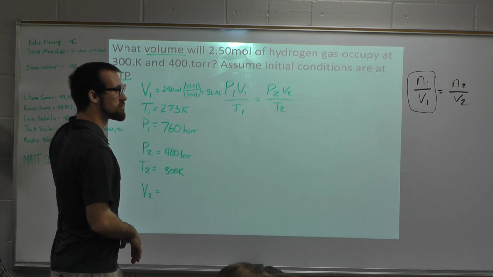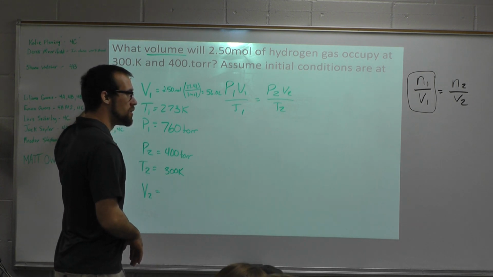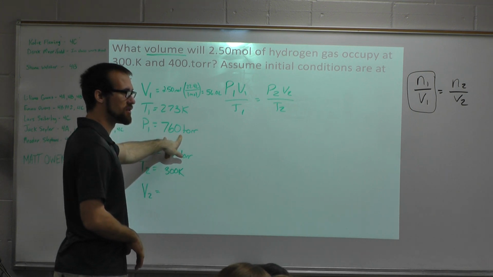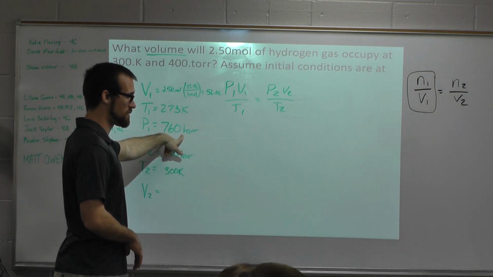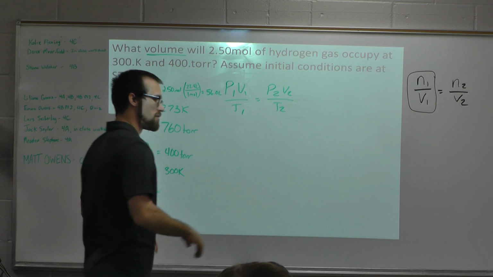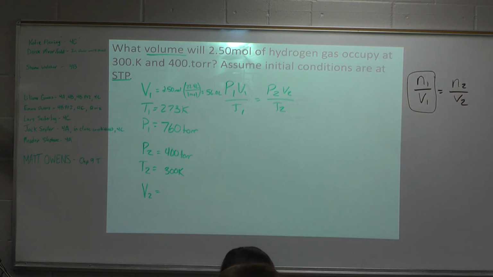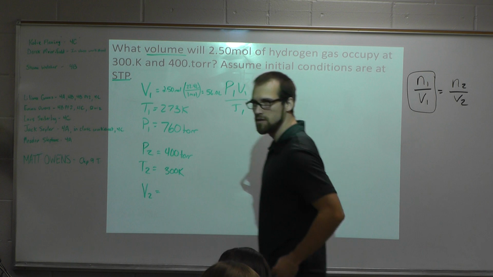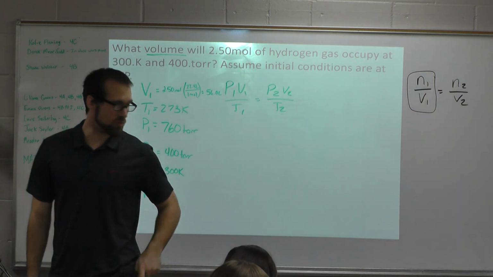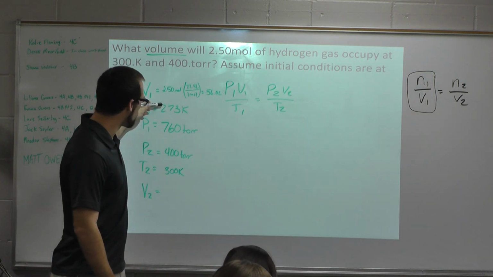We know standard pressure is 1 atmosphere, which is the same as 760 torr. Does that make sense? Like you remember we had that big long equal expression that said 1 atmosphere equals this, equals this, equals this. So if we know standard pressure is 1 atmosphere, we can just convert it to our torr unit that's equivalent. Good question. Everybody understand why we got these numbers the way we did?